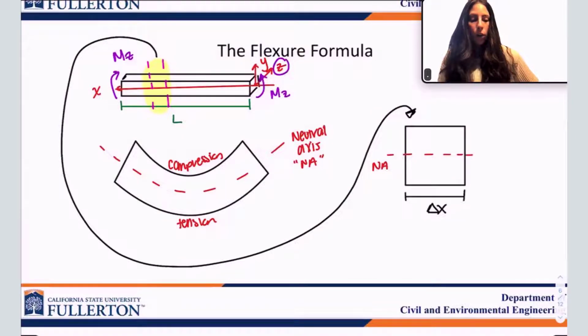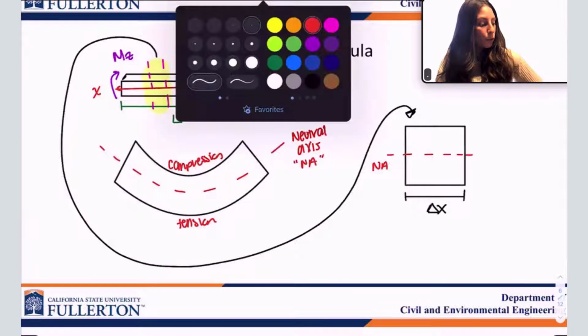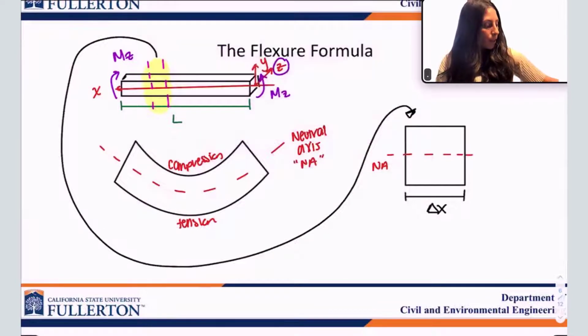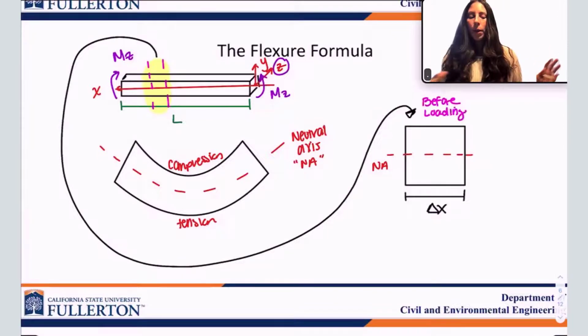This is prior to loading the beam, so that's why the neutral axis and delta x are the same. This is before we're bending the element, before there's tension or compression on the top. We just have delta x and the neutral axis there.